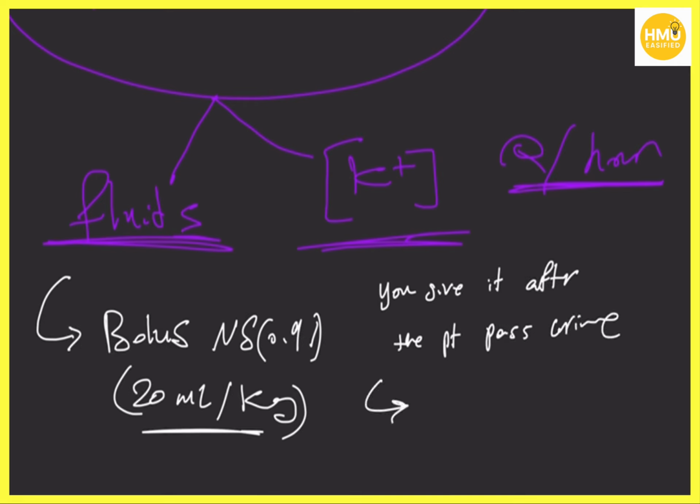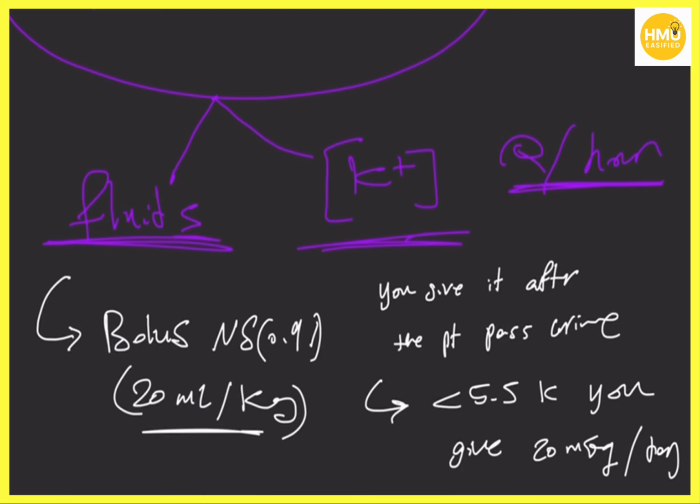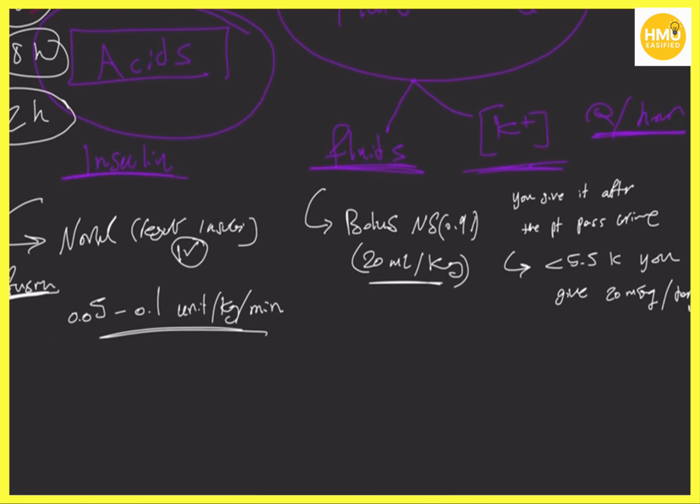After that, if the patient has below 5.5 K, you give it at a rate of 20 mEq, which is called milliequivalent, and obviously this is per day.